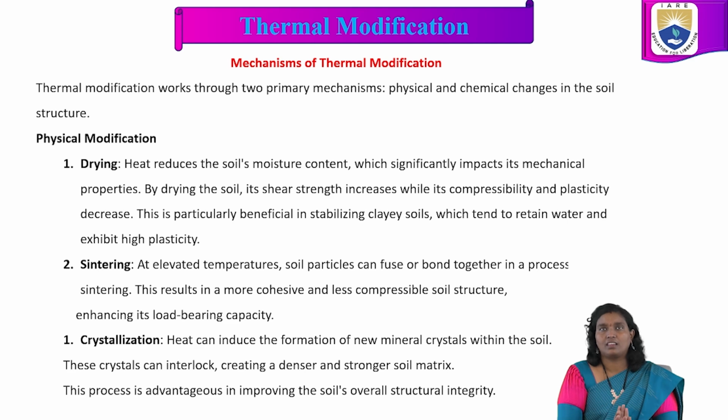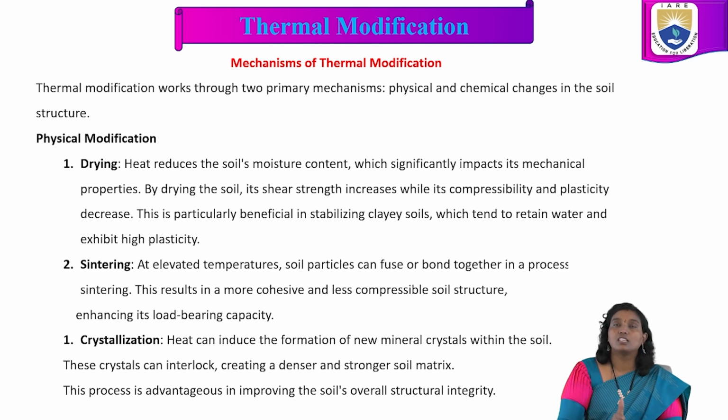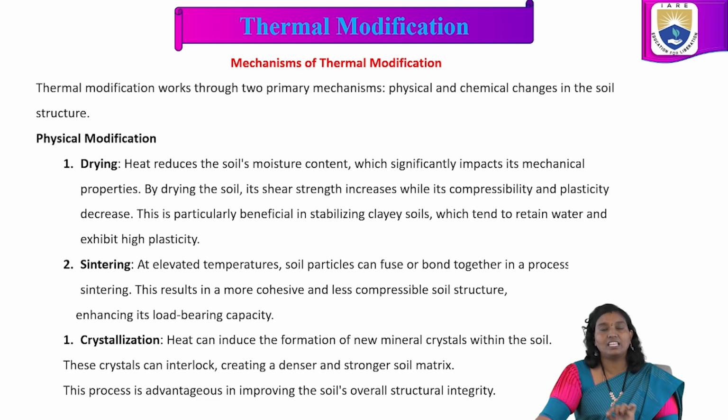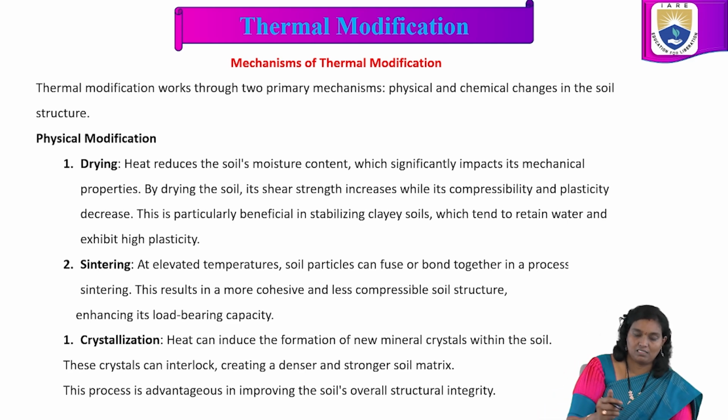Heat reduces the soil moisture content, which significantly impacts its mechanical properties. By drying the soil, its shear strength increases while its compressibility and plasticity decrease. This is beneficial in stabilizing clayey soils, which tend to retain water and exhibit high plasticity.